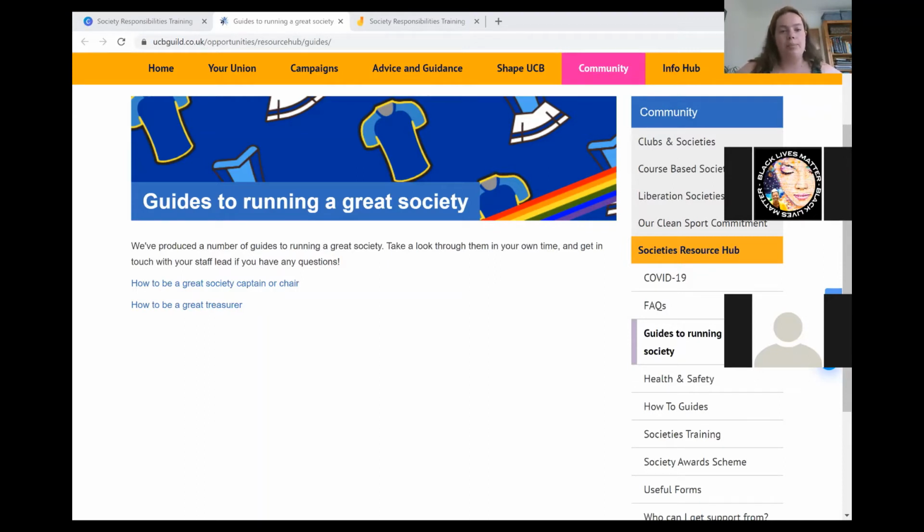You'll also be the first point of contact for the Guild. While we will communicate with other committee members if you need us to, for example if there's information you need us to pass on, or we have some training that might be relevant for other members, we might communicate that in the WhatsApp group. As society leads and as treasurers, which we'll go on to in a minute, you'll be the people that we contact. So as a society leader, it's also your responsibility to make sure you're disseminating that information.